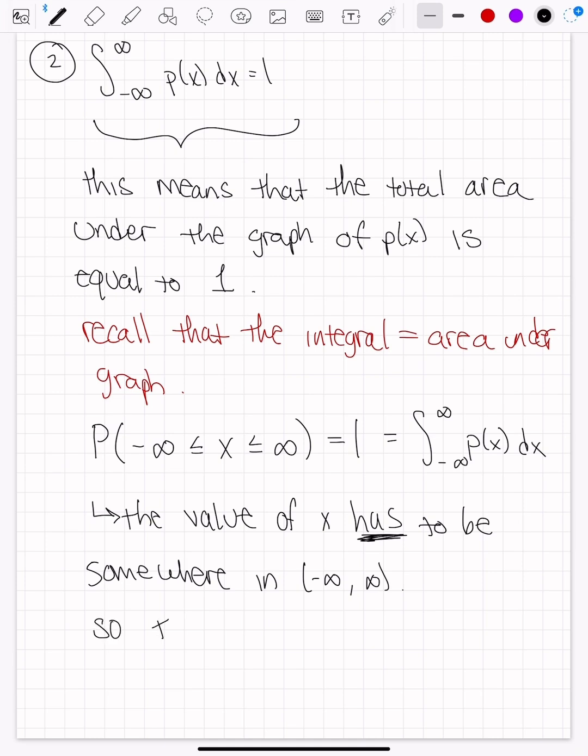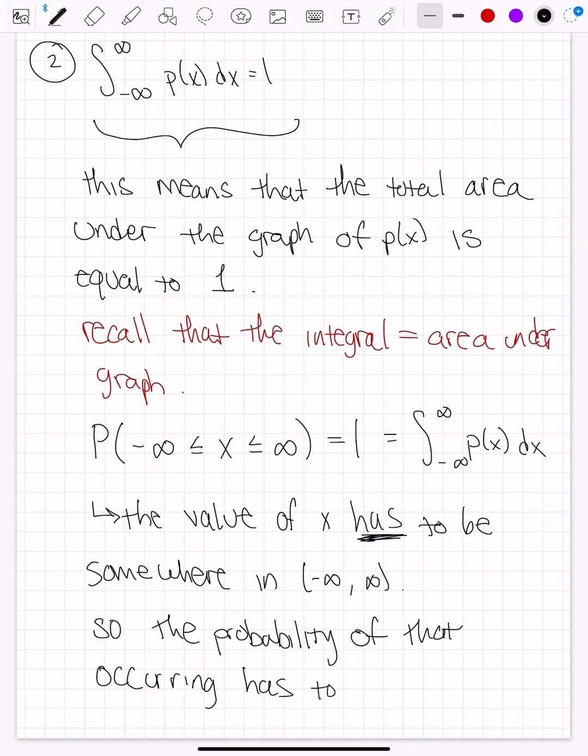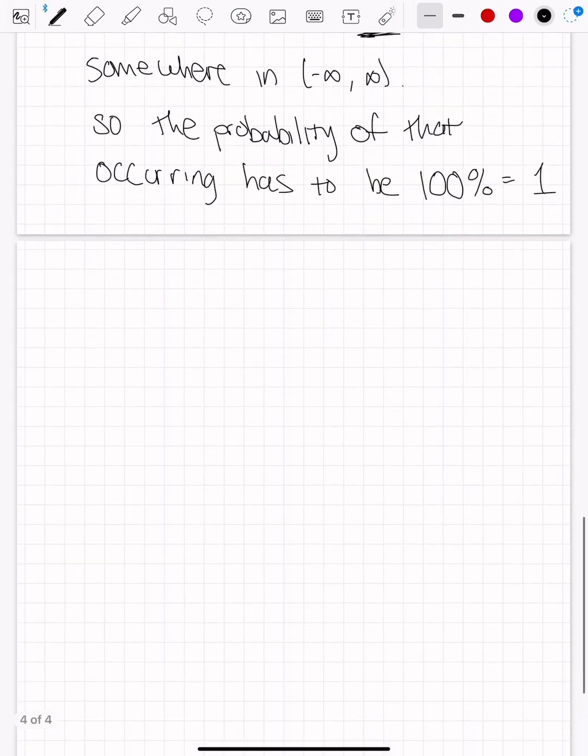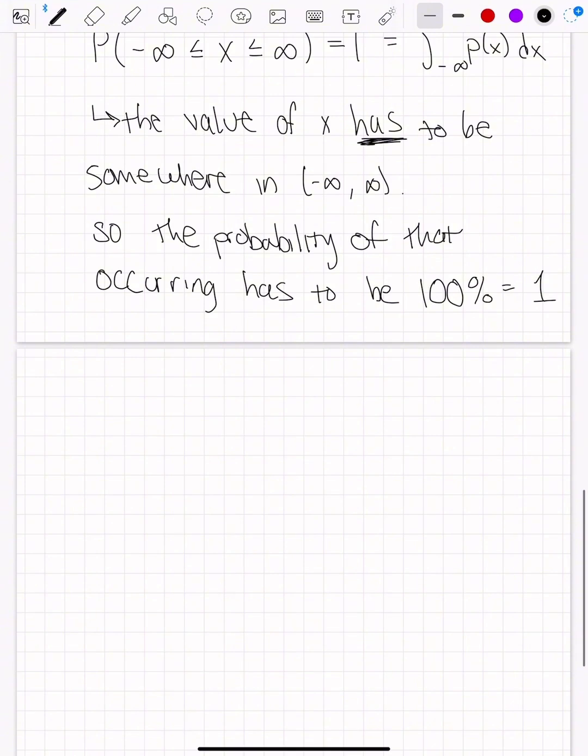So the probability of that occurring, right? The probability that x is between negative infinity and infinity has to be 100%, which is equal to 1, when we're talking about the integral of the probability density function.